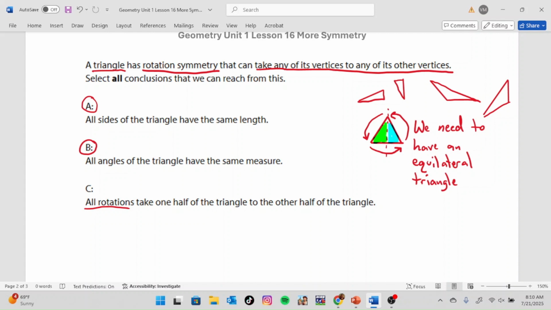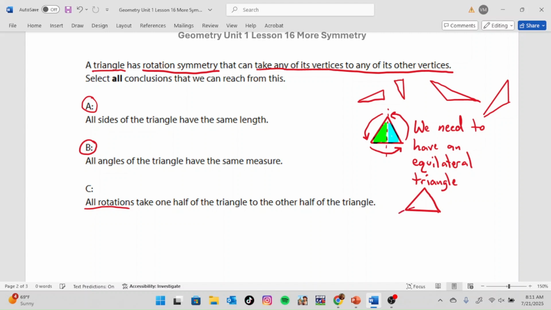Well, if I rotate this to look like this, even if I've taken it to another corner, well, this line of symmetry, I'm going to rotate with it.